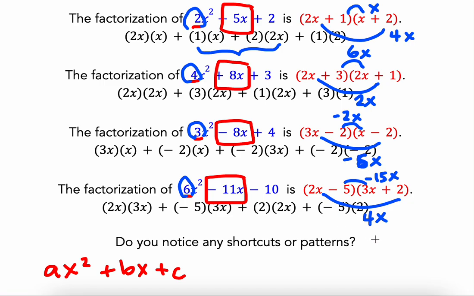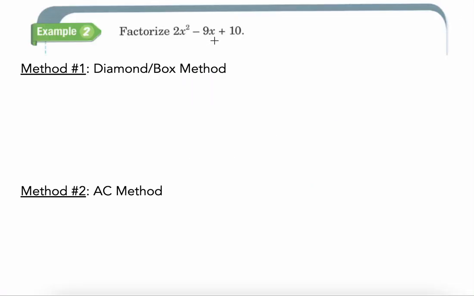Okay, so I'm actually going to teach you two different methods on how to factor quadratic expressions when they're in the format of ax squared plus bx plus c. All right, so we're going to go over two different methods. Method 1 is called the diamond box method, and method 2 is called the AC method.